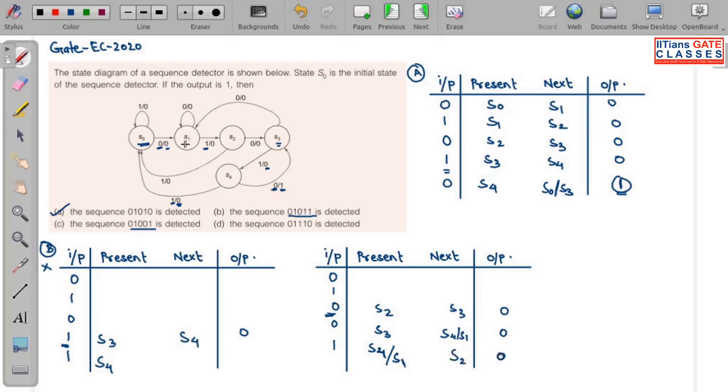So, if we go to S1 and apply input as 1, our output will be 0 and our next state will be S2. You can see my output is not 1 here. So, due to this, option A is the correct answer for this question.